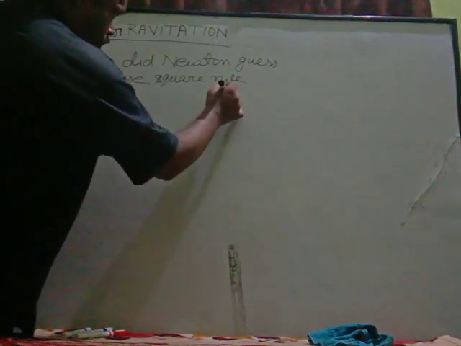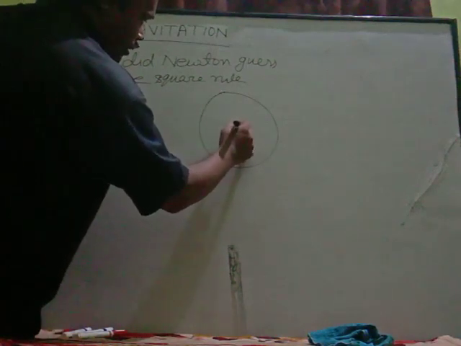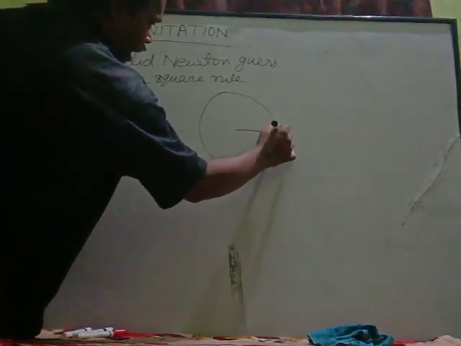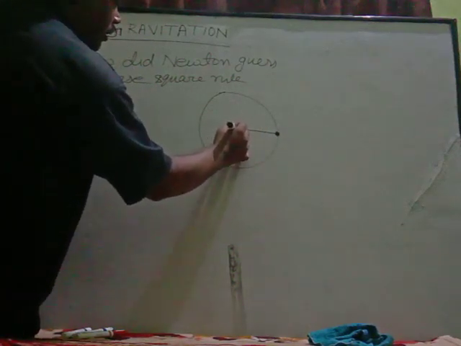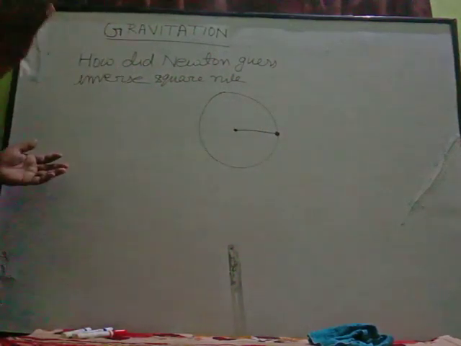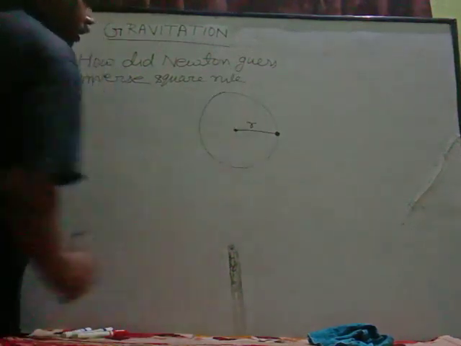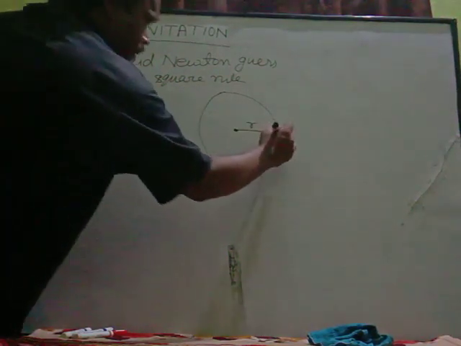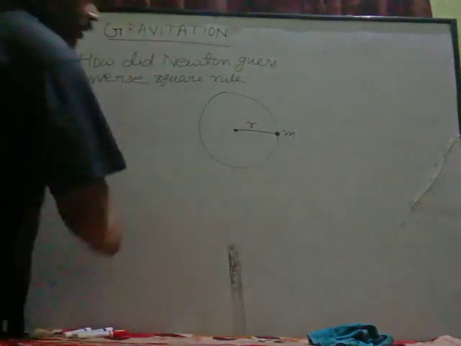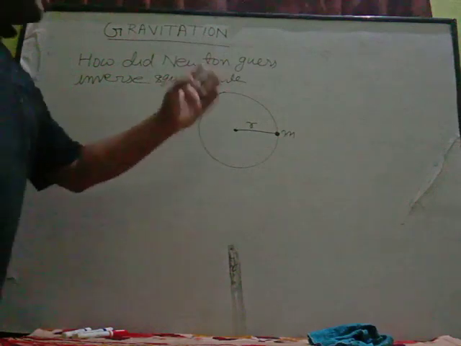Newton thought that the planet moves around its star in an approximately circular path, suppose whose radius is r. Let the mass of that object be m.